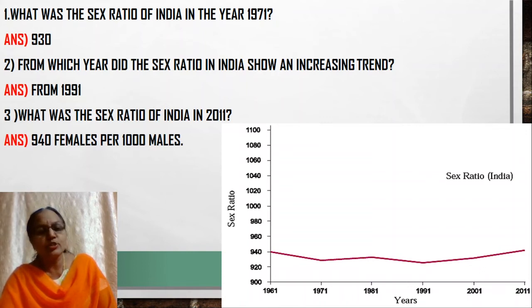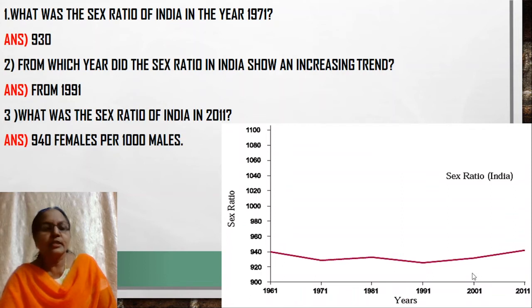What was the sex ratio of India in 2011? Look for the year 2011. Now, just draw that vertically up, and you'll find that the sex ratio of India in 2011 was 940 females per 1,000 males.